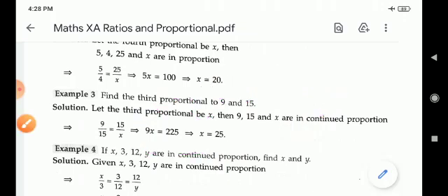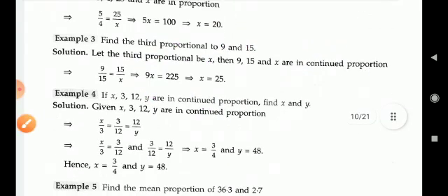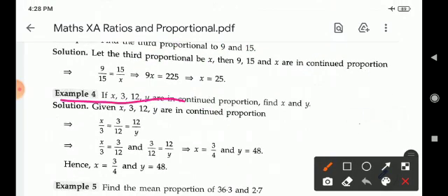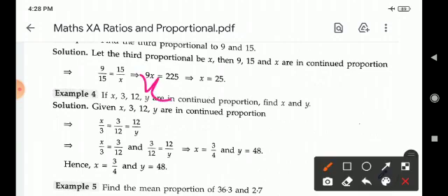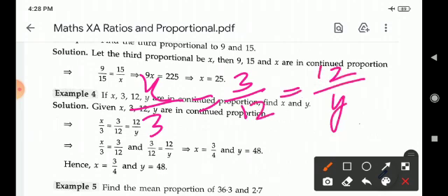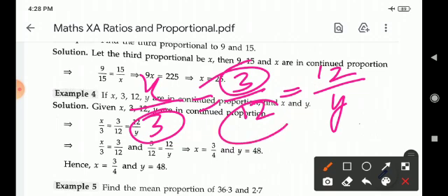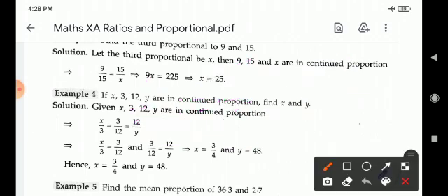Okay children, next example 4. If x, 3 and 12, y are in continued proportion, find x and y. x upon 3 equal to 3 upon 12 equal to 12 upon y. Now children, x upon 3 equal to 3 upon 12.